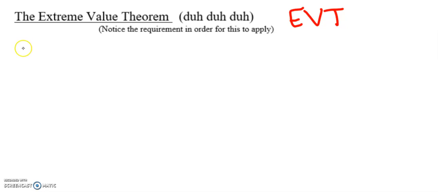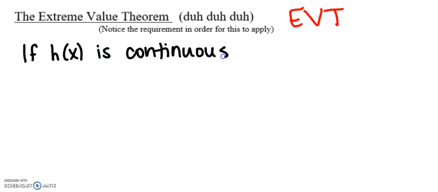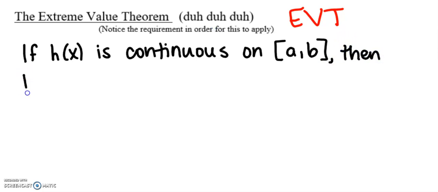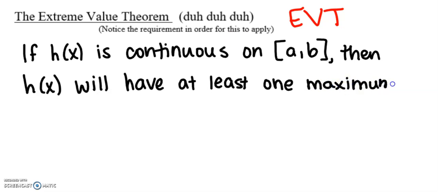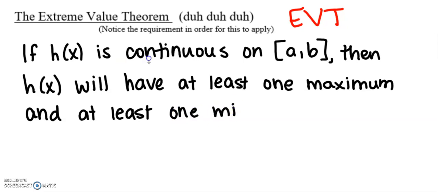If h of x is continuous on the interval from a to b, then h of x will have at least one maximum and at least one minimum.